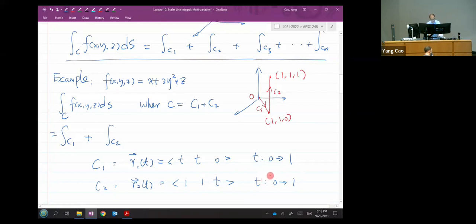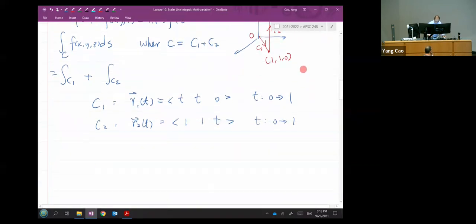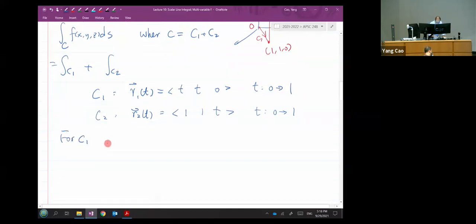Okay, so once you get this step, the rest is again applying the formulas for scalar line integral, but you do need to calculate separately. So let's say for C1, we're integrating f(x,y,z) ds over C1. Now it's time to manipulate this formula.